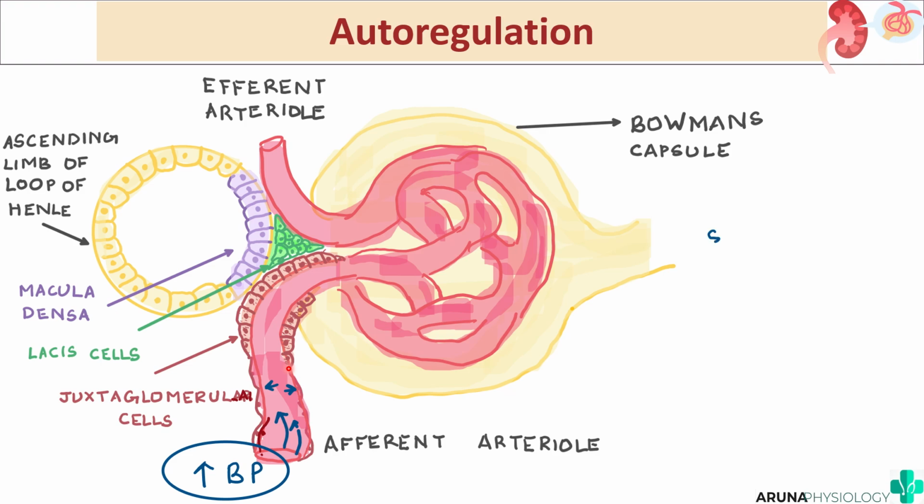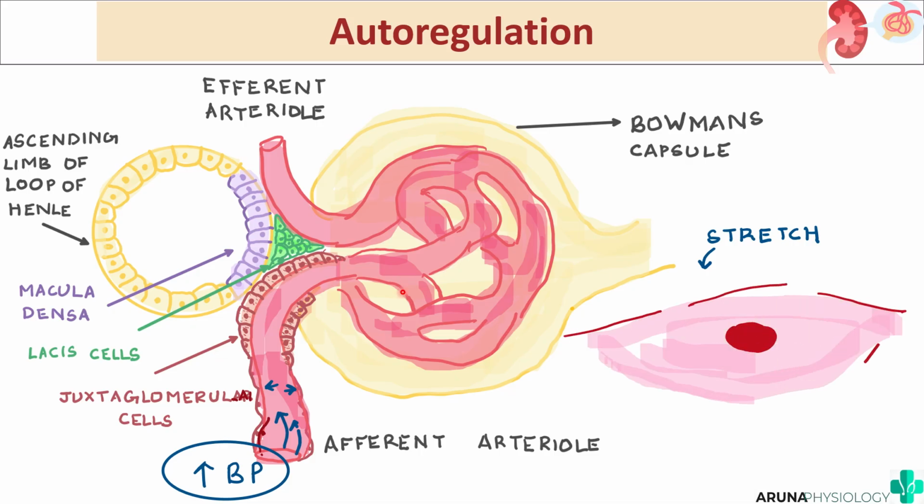Now, once this stretch occurs, there is an automatic mechanism which ensures that the renal blood flow decreases. What is that? The smooth muscles on the walls of the arteriole are being stretched. Once the stretch occurs, the stretch-gated calcium channels open up, which allows entry of calcium.